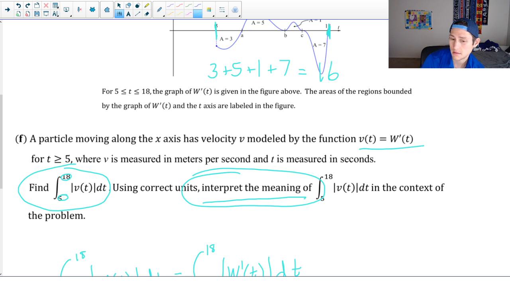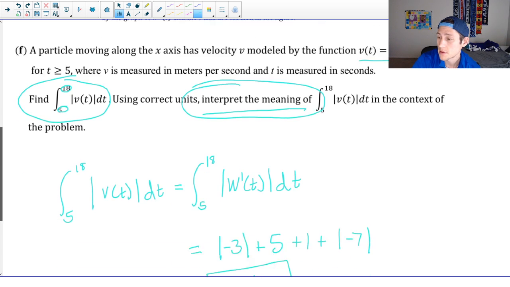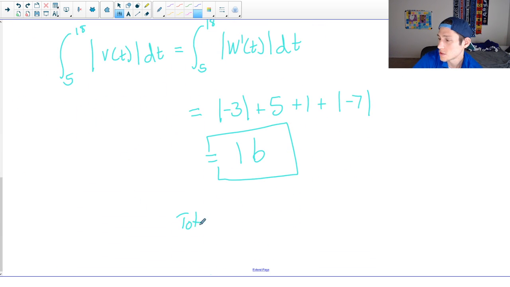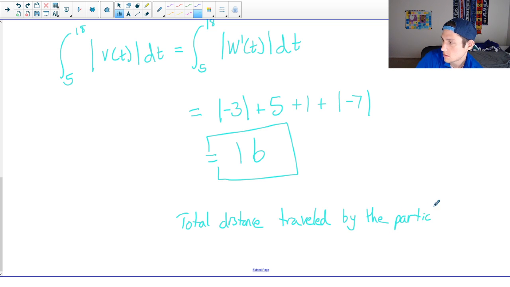So it would represent the distance between where the particle started and where it ended, right? Just displacement. However, when I take the absolute value, you might remember that that represents then total distance. So total distance traveled by the particle from t equals 5 to t equals 18.